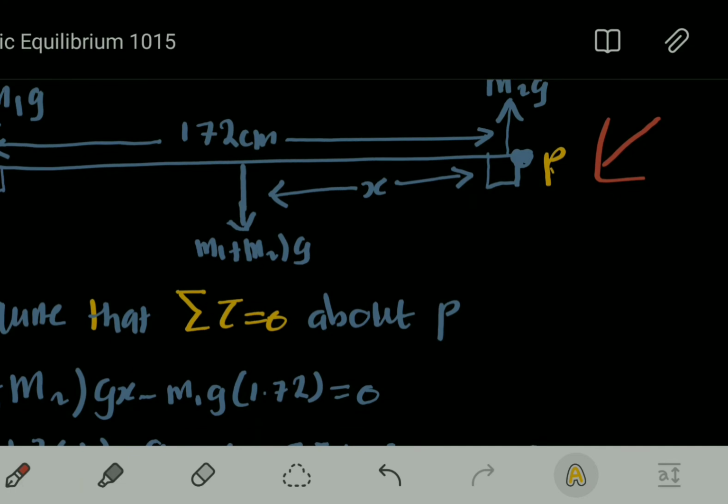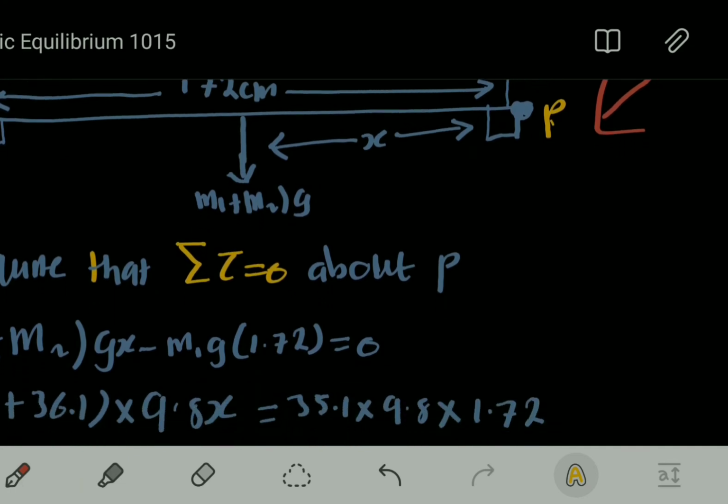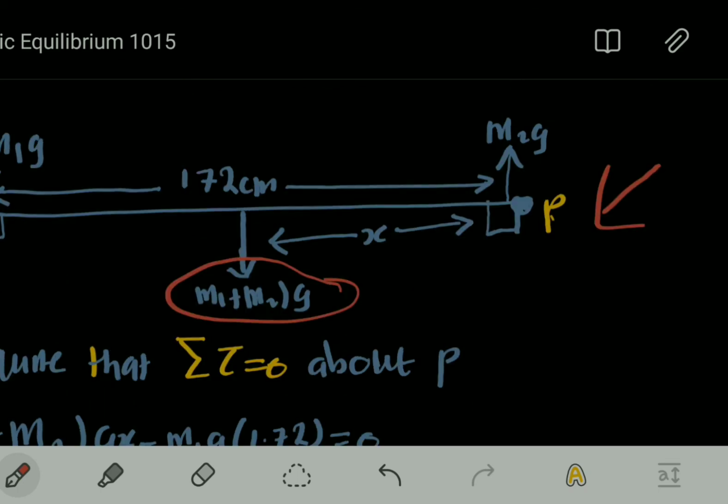If that is our pivot, we have the total mass acting at the center of gravity there. The mass at the head and the mass here, we call them M1 and M2. So we'll have the total mass of M1 plus M2 multiplied by g, giving us a force, which is the weight.